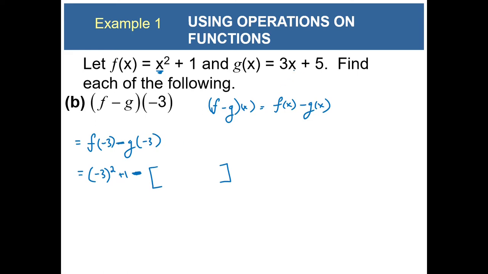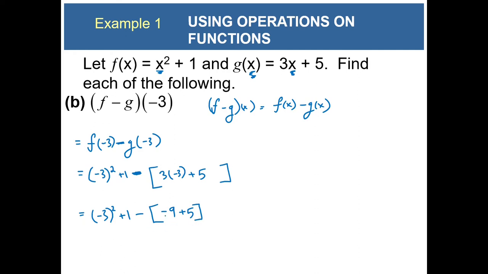We have 3 times negative 3 plus 5. Here we substituted that negative 3 into the x for the g function, and then we'll evaluate the right side first. Negative 3 squared plus 1 minus, and inside the brackets we'll do 3 times negative 3, which is negative 9 plus 5.